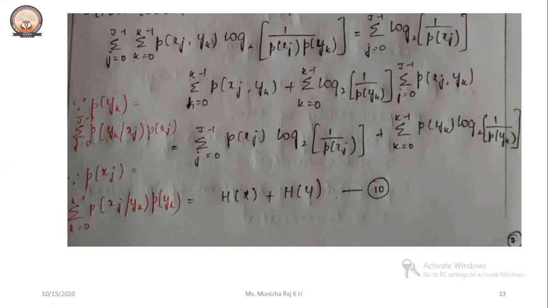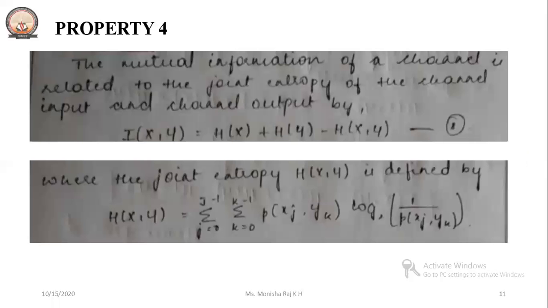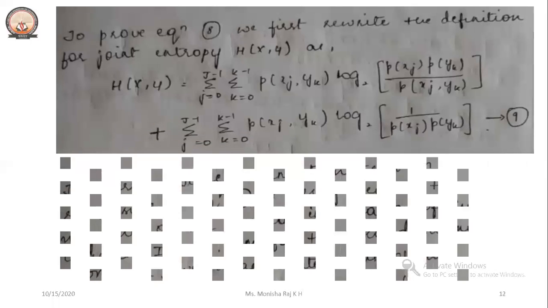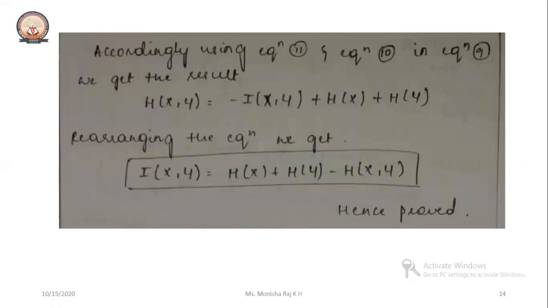Accordingly, using equation 11 and equation 10 in equation 9, that is, this is equation 10 and this is equation 9, substituting these two equations, we get H(X,Y) = minus I(X;Y) plus H(X) plus H(Y).